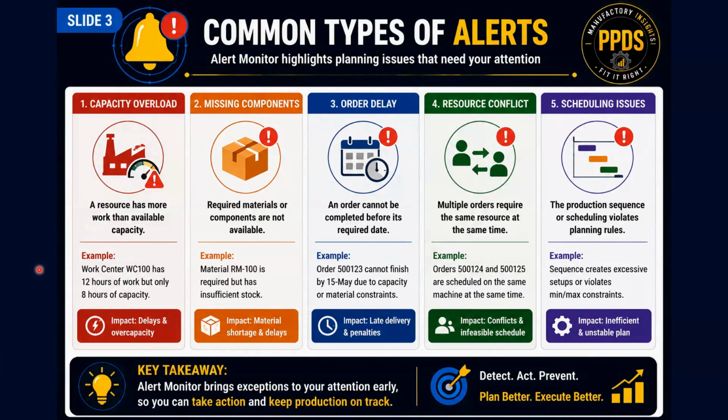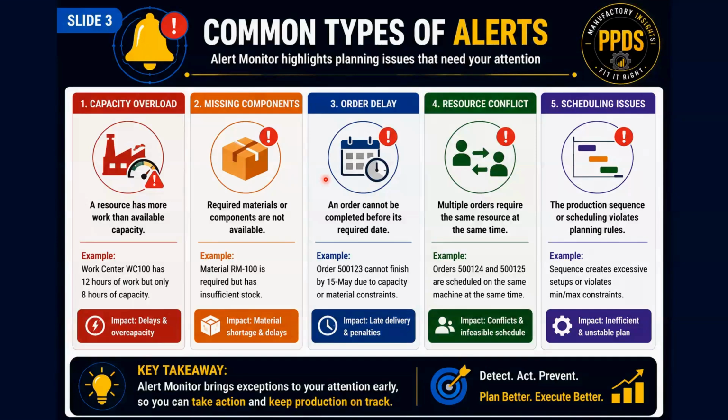Let's look at some of the most common alerts. Capacity overload. That means a resource has more work than available capacity. The next one is missing components. That means to produce the header material, a component or raw material may not be available. That is called missing components. The third one is order delay.